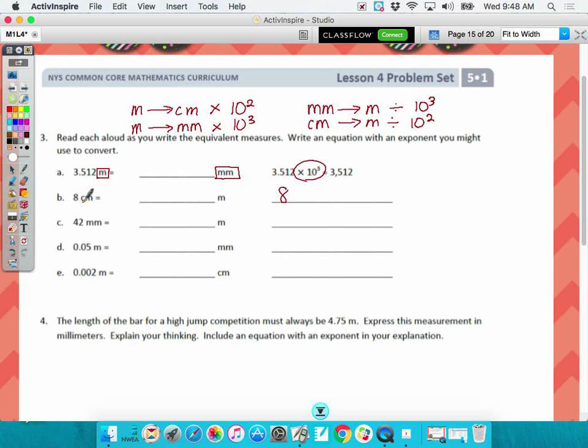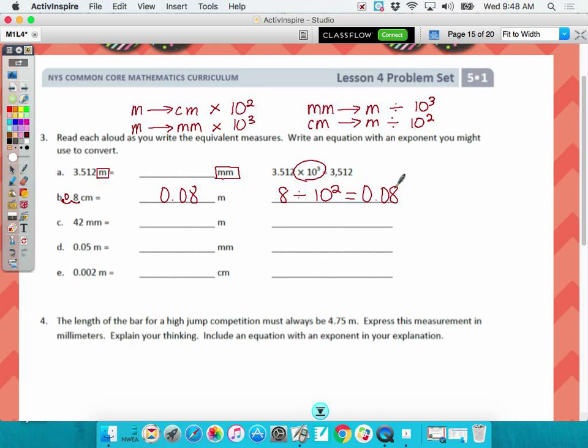Are you on B? Oh. Centimeters. You're going to divide by 100. Divide by 10 to the second. So if I divide 8 by 10 to the second, what do I get? What's my answer, Julie? 800ths. 800ths is correct. Okay, next one.